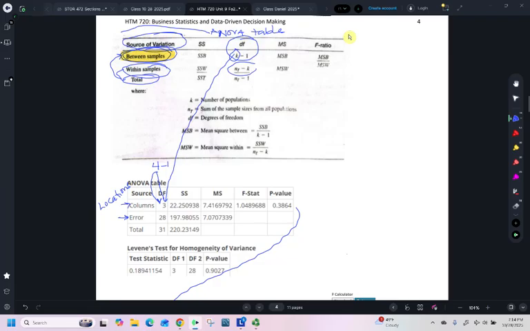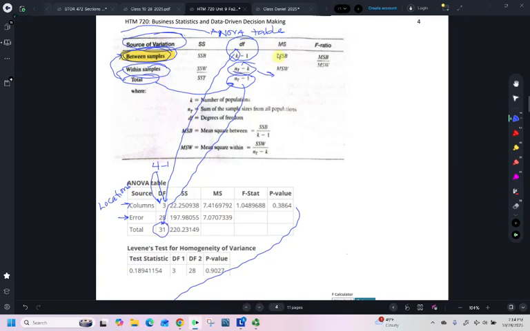Next, we have the degree of freedom for within samples. That cannot be computed directly. Indirectly, it can be computed. In what way? We would need to first compute the total degree of freedom, and that would be looking at how many different values we collected.